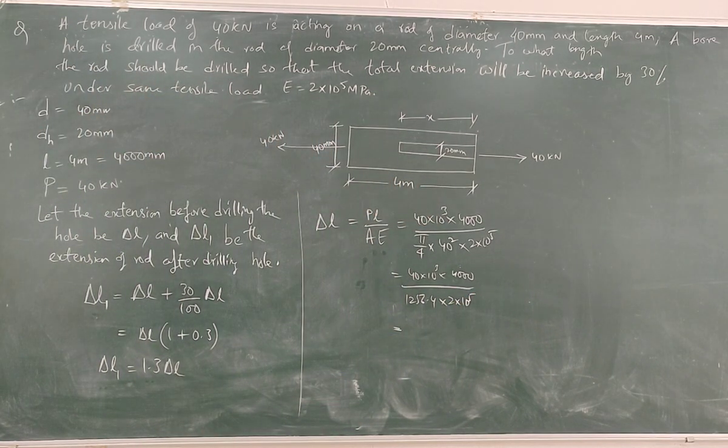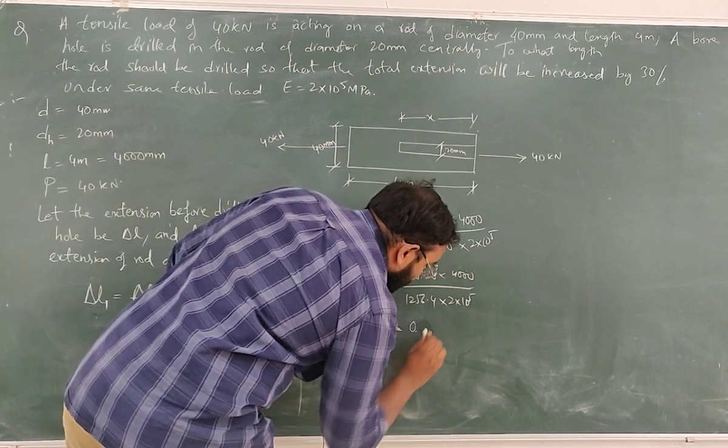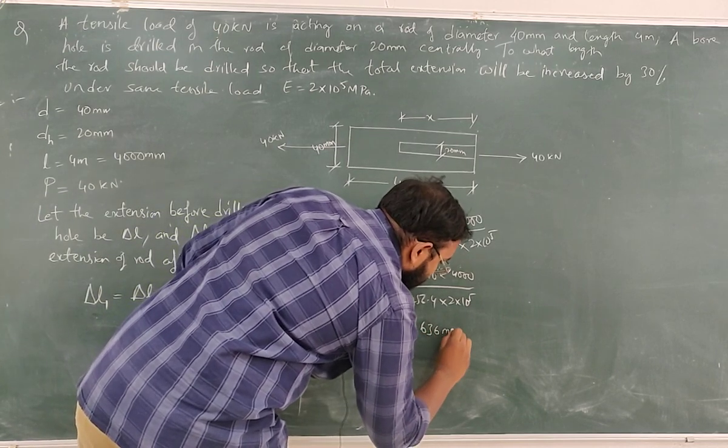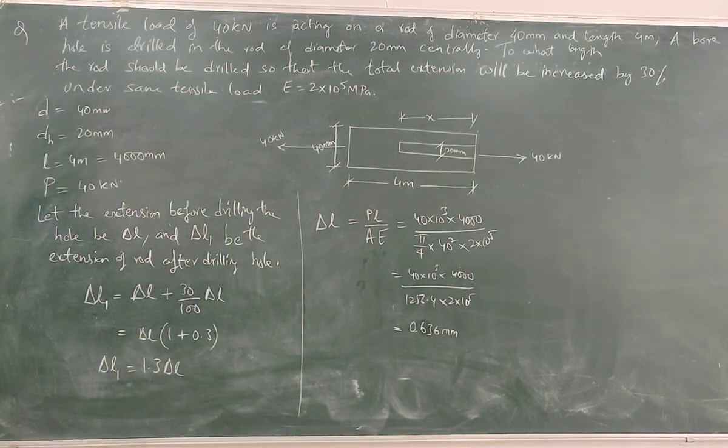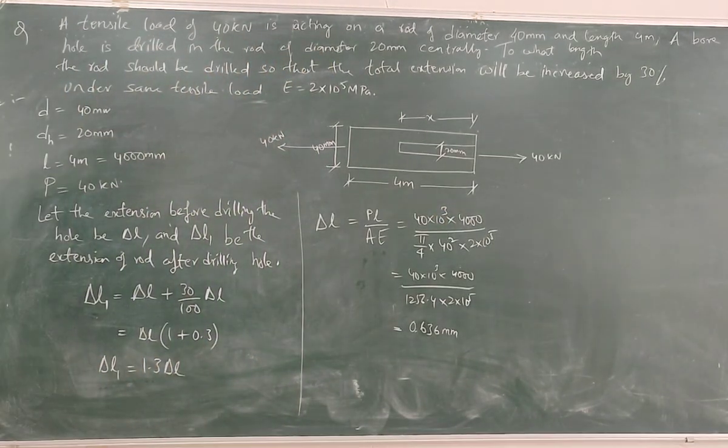Area of a 40 mm diameter bar will be 1256. So 0.636 is delta L, 0.636 millimeters, right? We are substituting all lengths and values in Newton and millimeter, so it will be in millimeters.